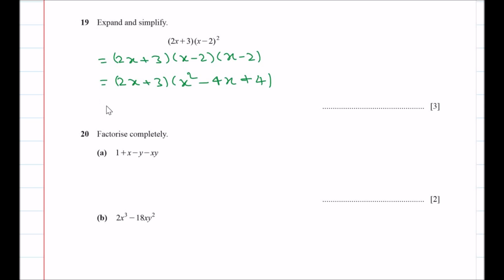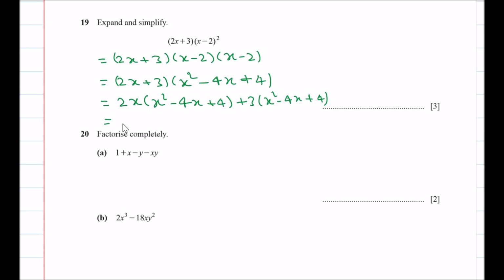Now what we can do, we will multiply these two brackets. First term 2x, so 2x will be distributed over the bracket x square minus 4x plus 4, now plus 3 into x square minus 4x plus 4. Okay, now let us multiply this out.